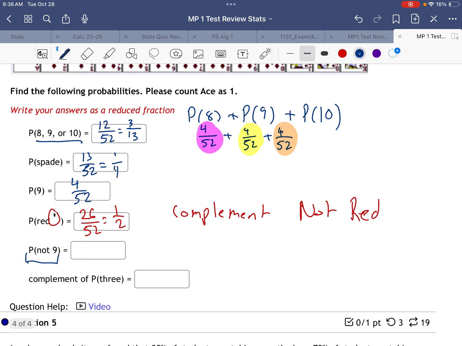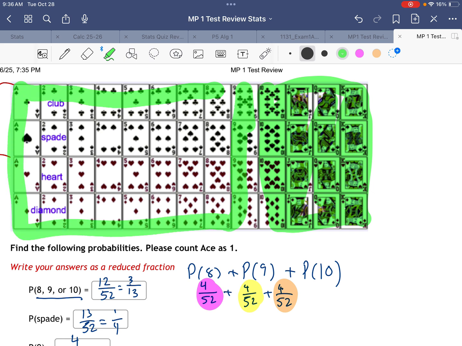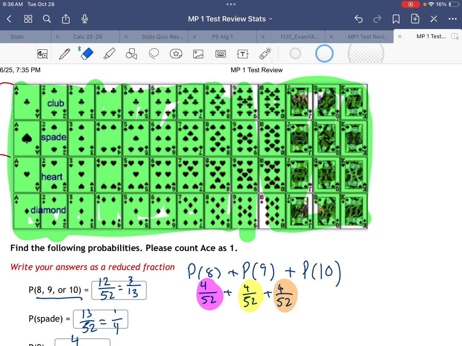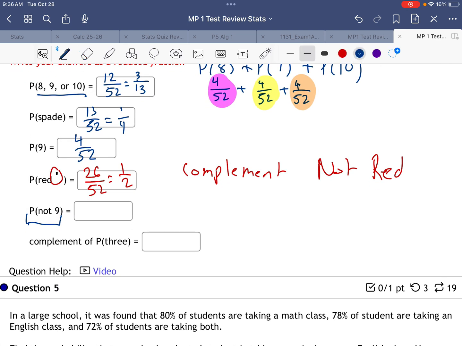One way to look at this, instead of going through and counting every card that is not a 9, which is a thing you could do, I would not recommend, but if you're really stuck at this portion, there's nothing that says you can't count up all the cards. Oh, I forgot to erase this part here. So instead of going through and counting up all the cards, it might be easier to think about this like it's 1 minus the probability of a 9, which is 1 minus 4 out of 52.